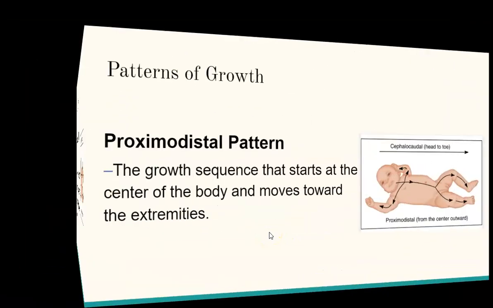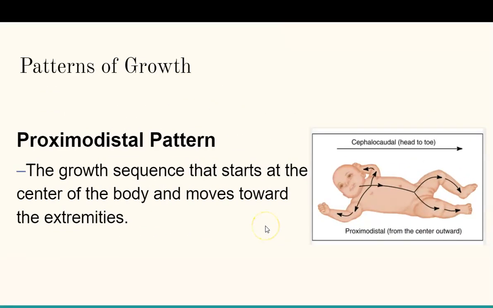On the other hand, there's another pattern of growth called the proximodistal pattern. And according to the book and according to this image, the growth starts at the center of the body, which would be the trunk, the stomach, the chest, and then the growth goes to the extremities.